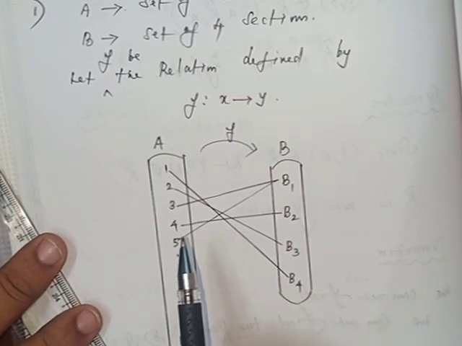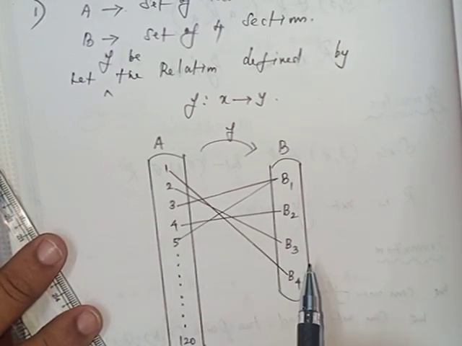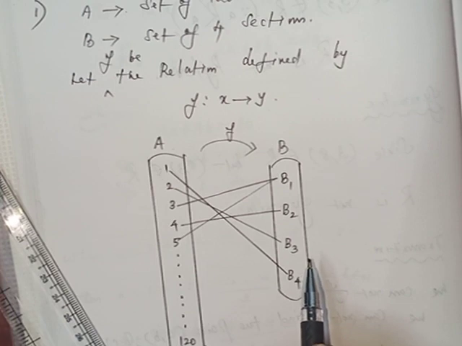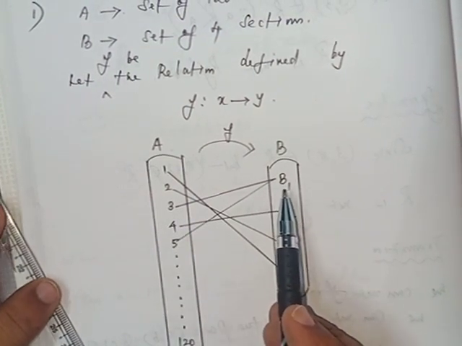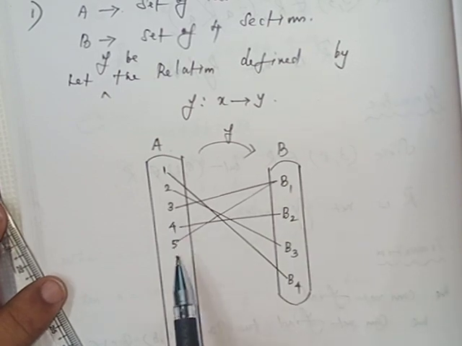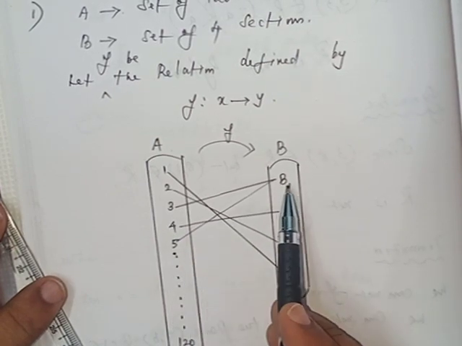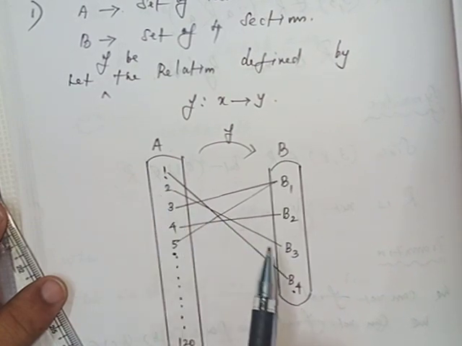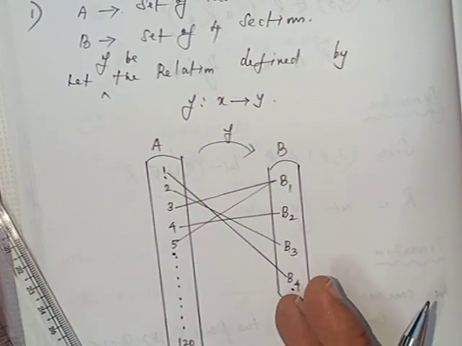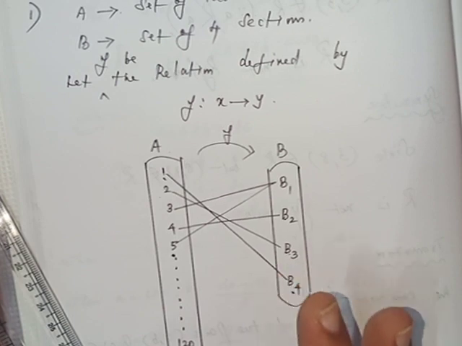No, one student cannot be in 2 sections. That is not possible. Many students in one section, that is possible. So 3 and 5, 2 students in one section. Here one student in one section. Here one student in one section. It is possible only. Now we have to verify whether it is a function or not.